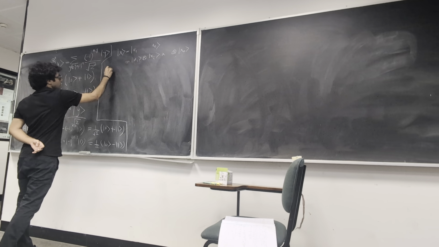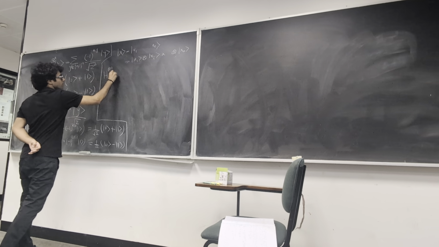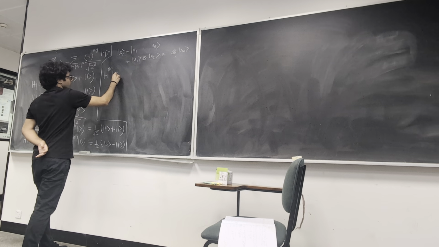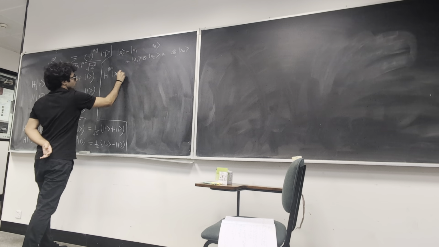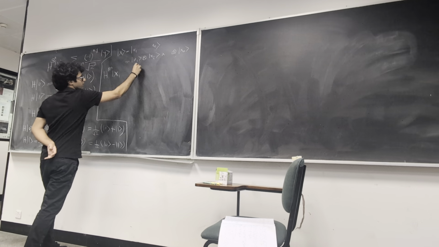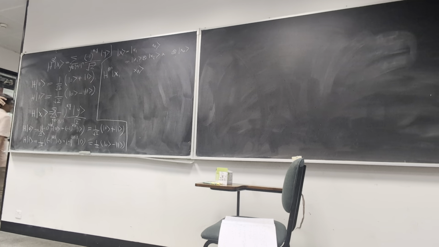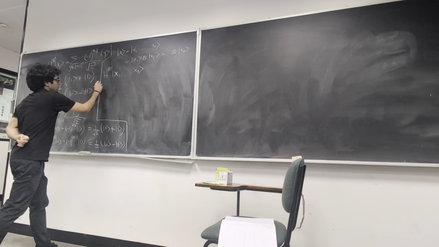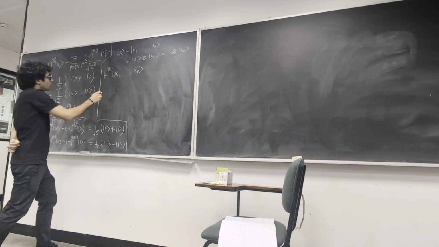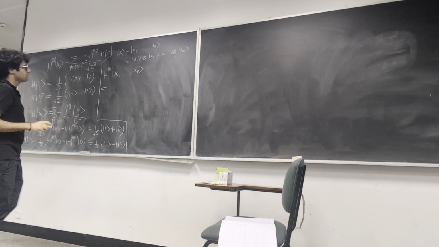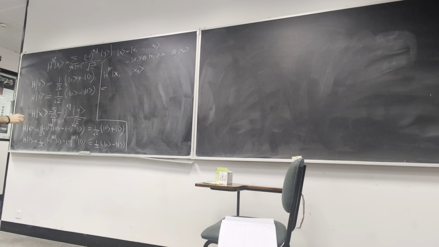So what I can do is compute this thing, right? So how would I go about it? You just, I guess, kind of distribute the tensor product in a way.